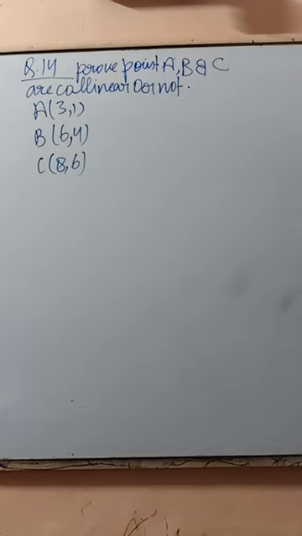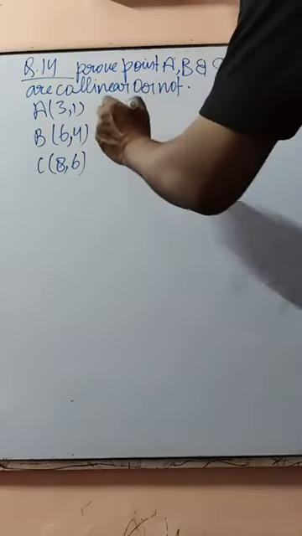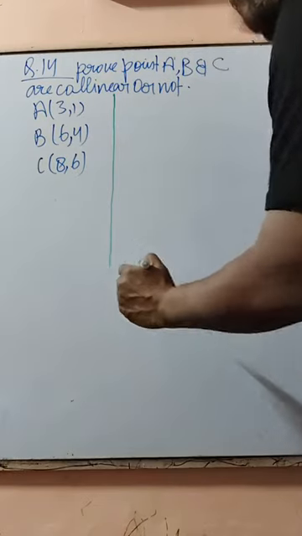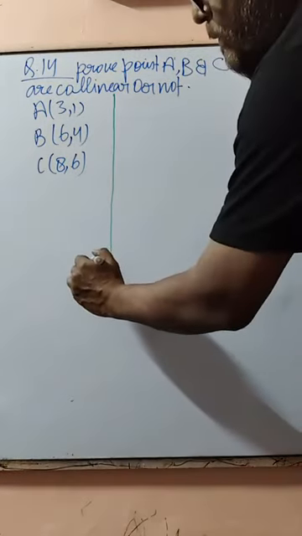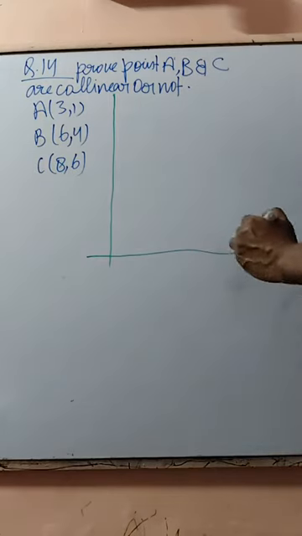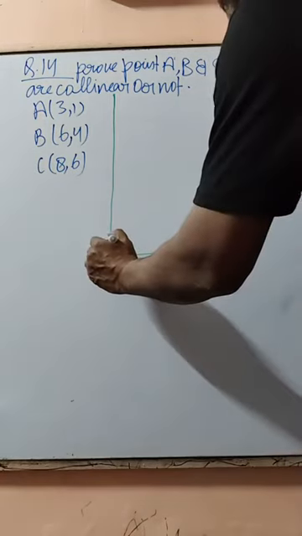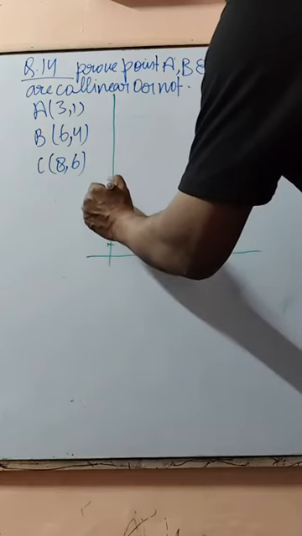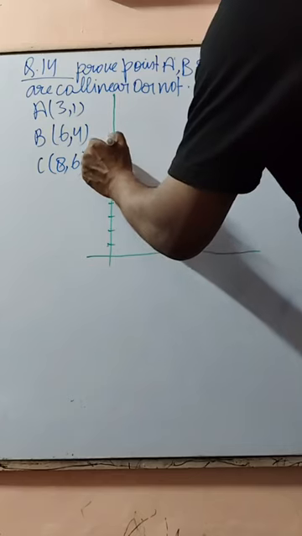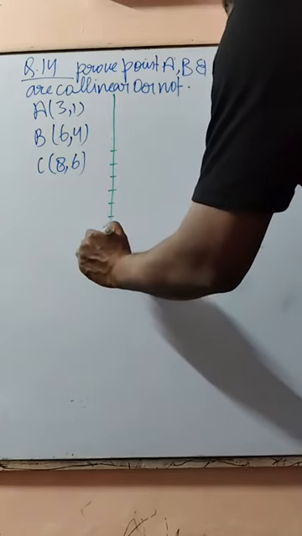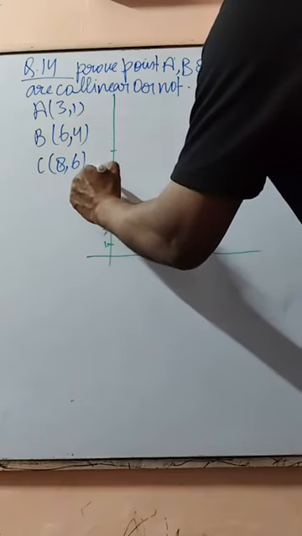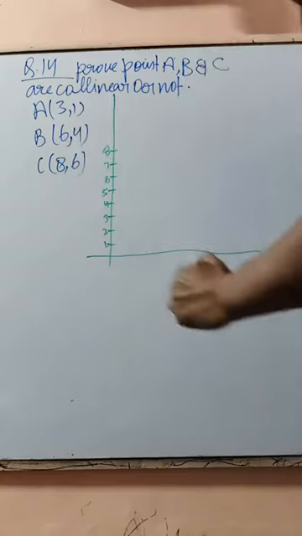Okay. If I draw a Cartesian plane, right, like this, and this is 1, 2, 3, 4, 5, 6, 7, 8. You get 1, 2, 3, 4, 5, 6, 7, 8.